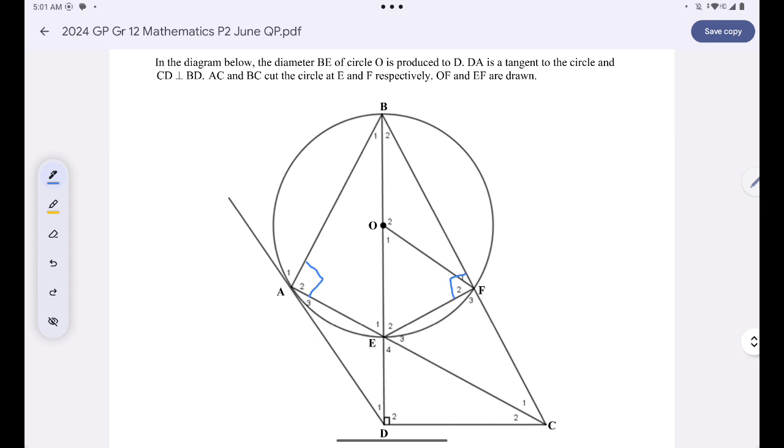Okay, we are told that DA is a tangent to the circle and CD is perpendicular to BD. Immediately when I'm told that a line is a tangent, I need to focus on 2 theorems with regards to tangents.